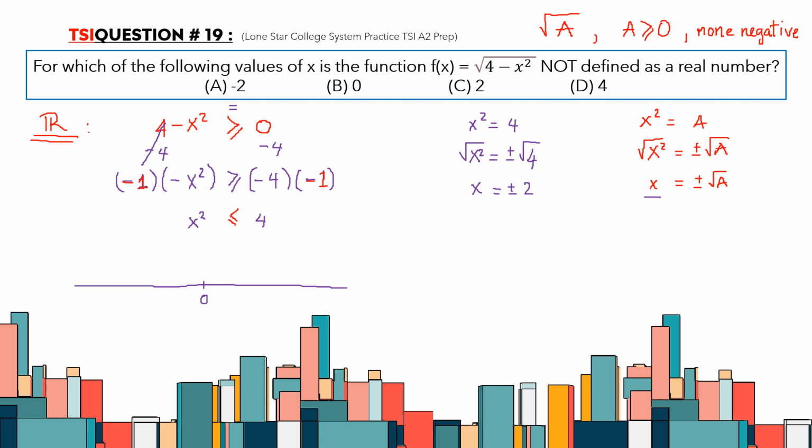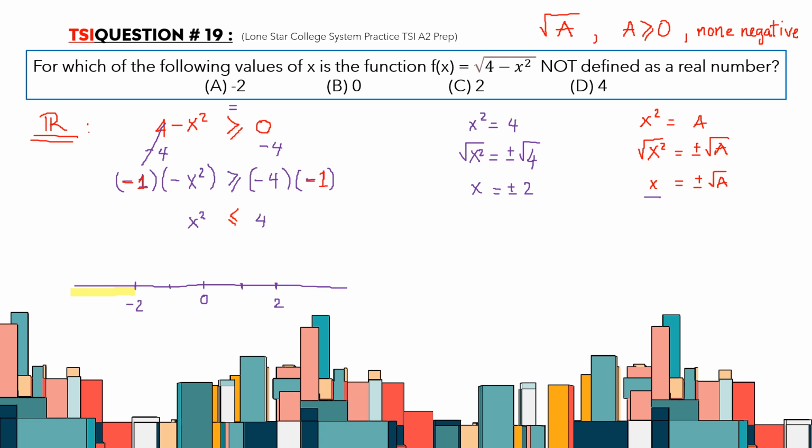Now we have two numbers that make x squared equal 4: negative 2 and 2. So now we have 3 intervals. The first interval is here.